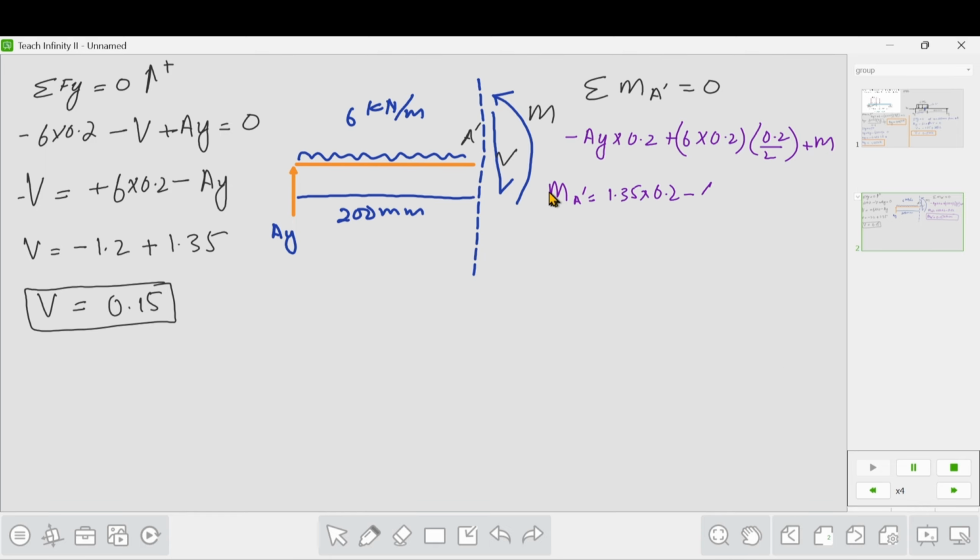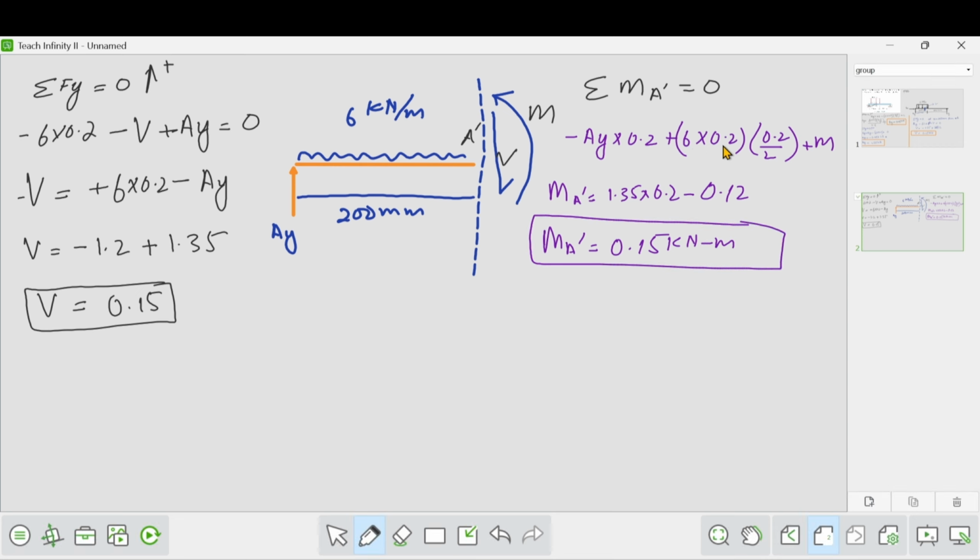So MA dash will be 1.35 multiplied by 0.2 minus this term. 6 multiplied by 0.2 divided by 2 becomes 0.12. If you calculate this on your calculator, the moment at this point will become 0.15.